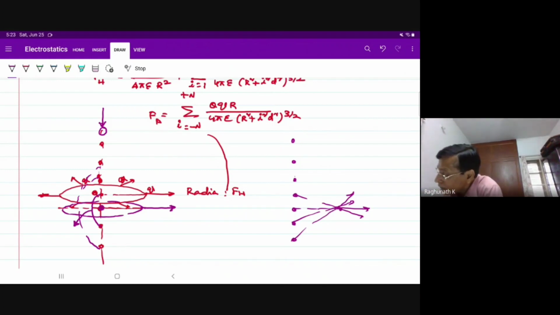Correct, no? 1, 2, 1 I came down. So, how many above? This is the central one. 3 above, 3 below. Now, if I come down by 1 charge, what is the formula to be spoken about?